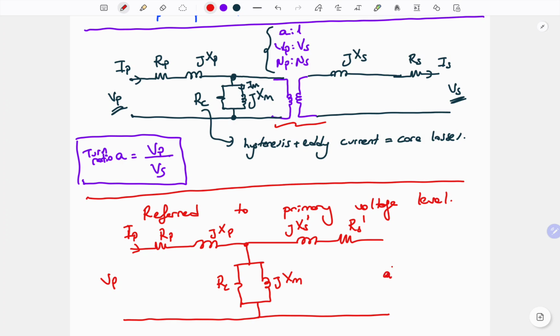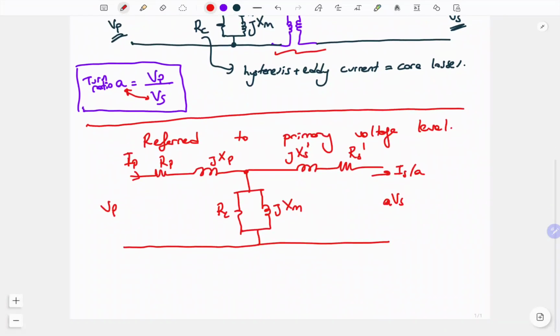What about the voltage? We are writing each parameter with respect to primary side voltage level. So because of this, A times VS will be VP in the equivalent circuit. Or similarly, IS over A can be used according to turn ratio.